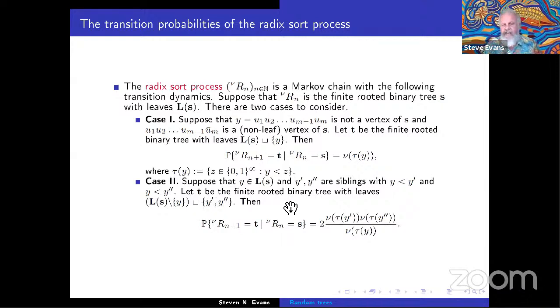And so T is going to be the finite rooted binary tree with leaf set that looks like this, right? So you're going to grow from the leaf y into a path that splits right at the end into two leaves. Then you can convince yourself with a little bit of calculation that the probability of doing that is given by this expression here.